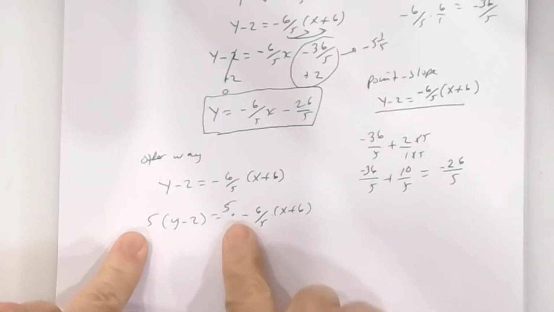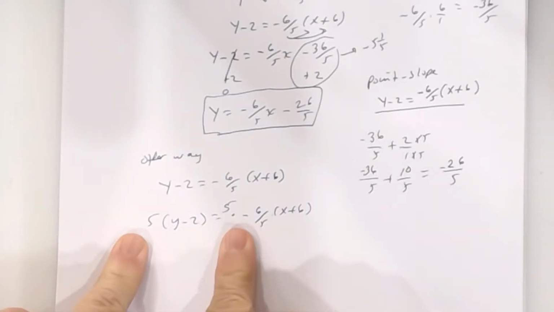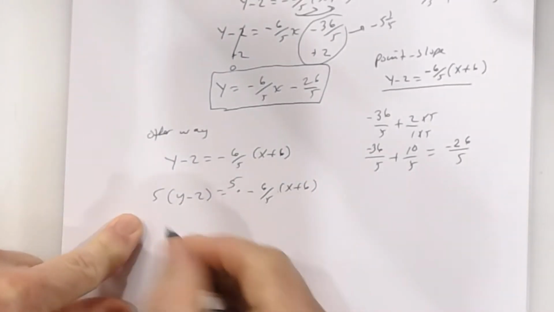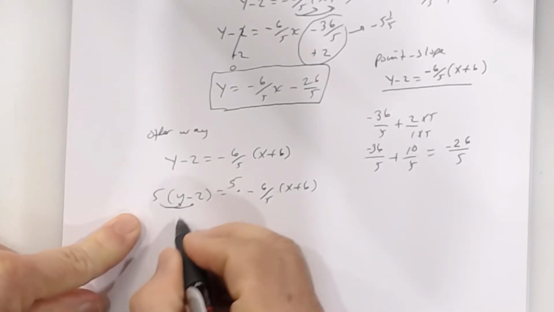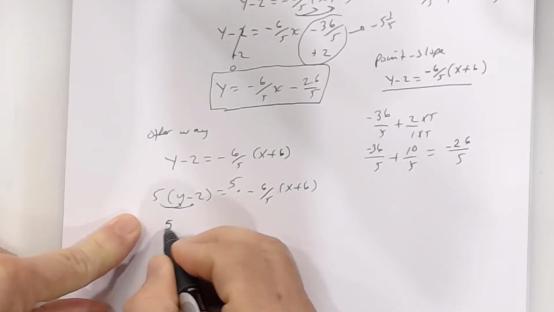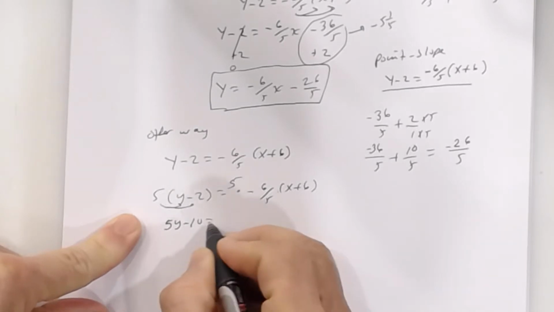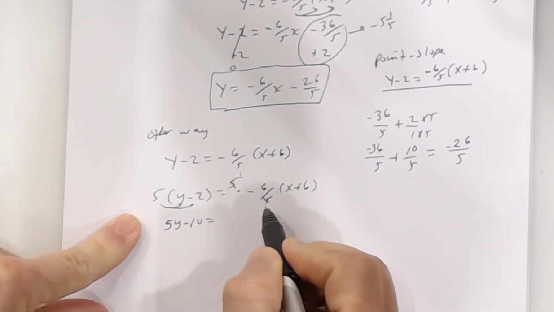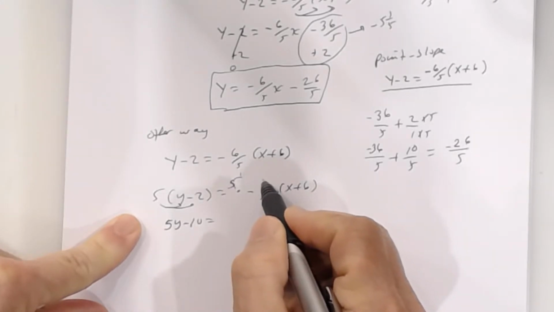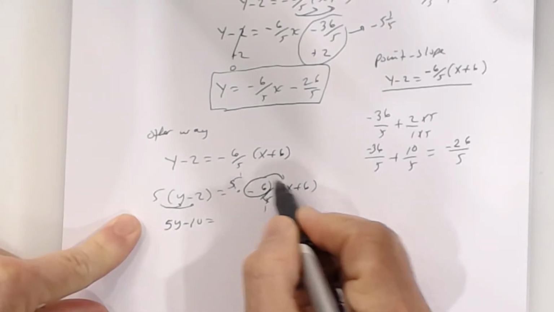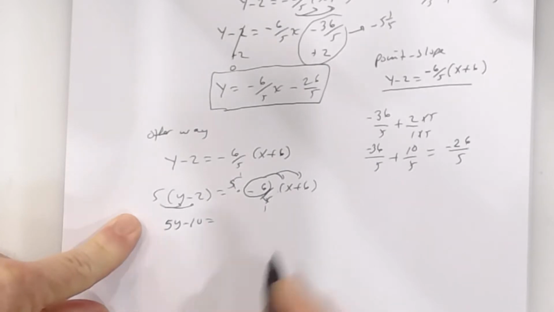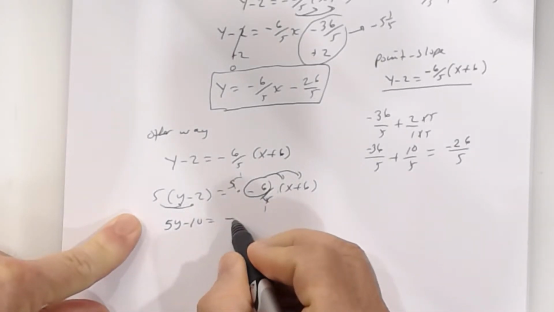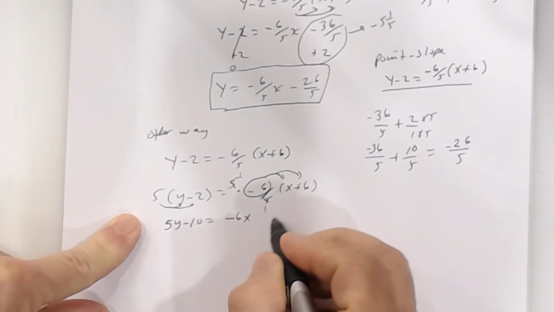So notice times 5, times 5. Now if I distribute here, what does that become? Okay, and then what happens here? The 5s divide out, and then you'll just be distributing what number? Negative 6. And so what's negative 6 times x? Negative 6x. And then negative 6 times 6?